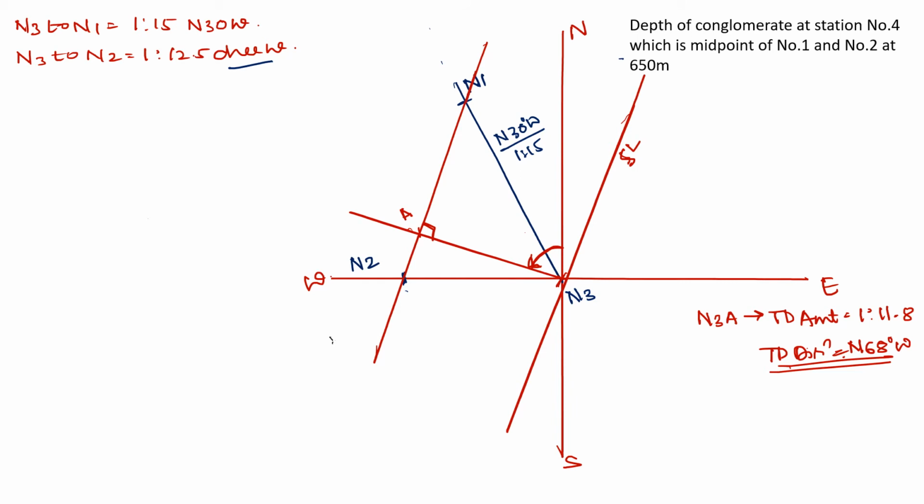Now the first part is over. Let us see the second part: the depth of the fourth borehole. They ask for the depth of conglomerate at station number 4. Apart from these three, station number 4 is the midpoint of number 1 and number 2, which comes somewhere here.